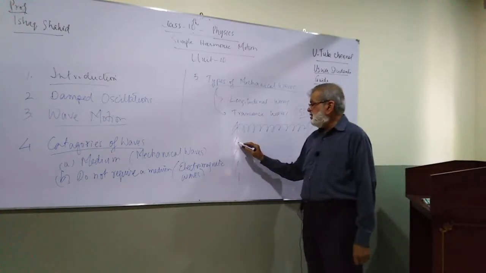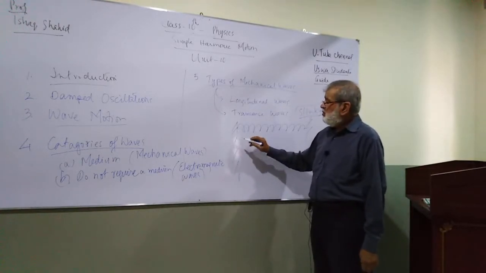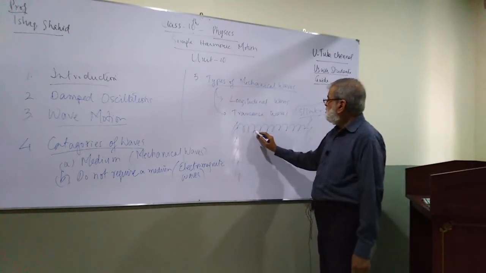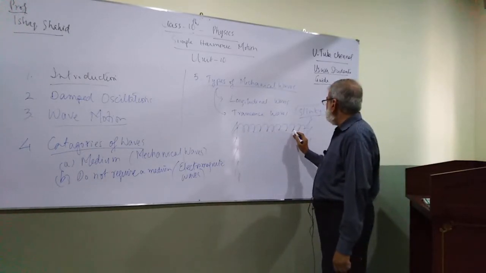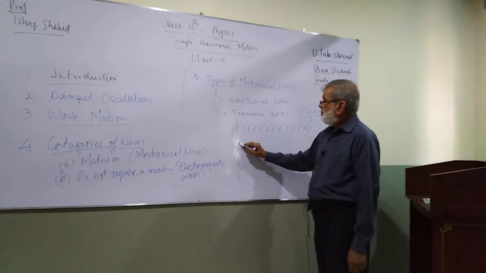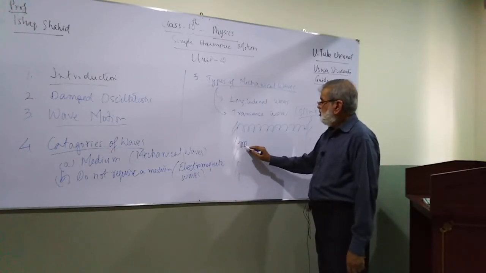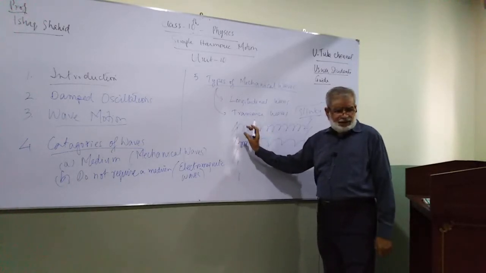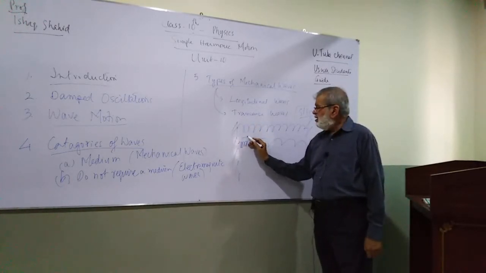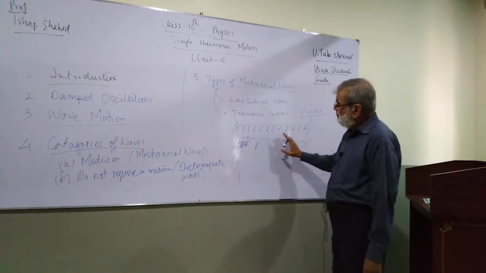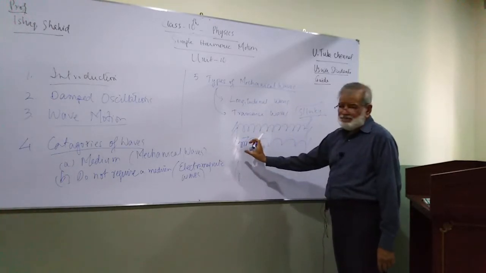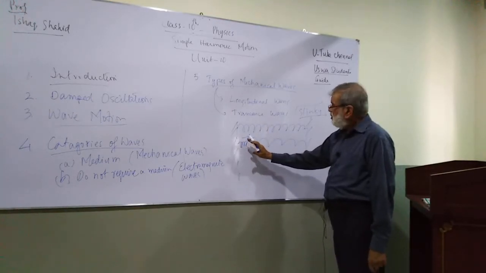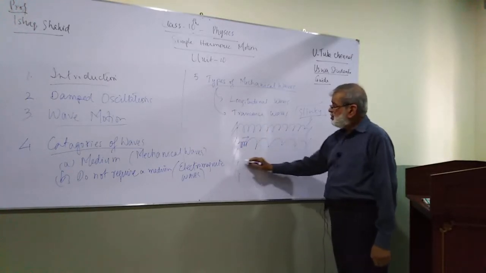Now, if you compress this from the center, 1, 2, 3, 4, 5, 6, 7, 8, 9, 10. If you slightly pinch it from the center, you will find a disturbance will start traveling from the place where you made the pinch and reach the other end.